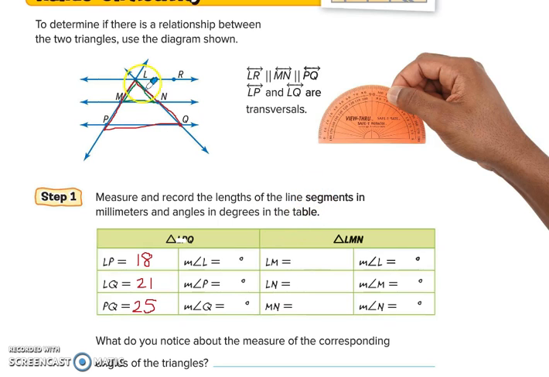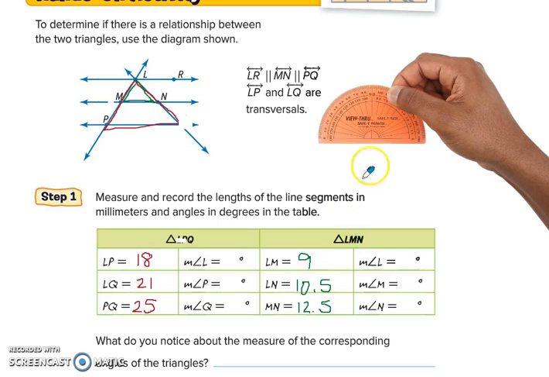Side LM, which shares part of LP, is 9 millimeters. LN, which shares part of LQ, is 10.5 millimeters. And then MN, which would be the bottom of the triangle like PQ, is 12.5 millimeters. So those are the side lengths of each triangle.